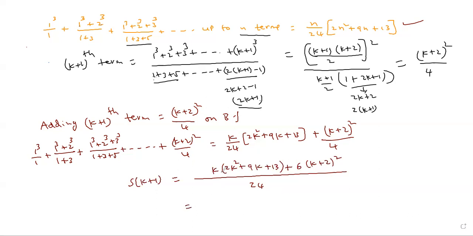Now expand all this. 2k cube plus 9k square plus 13k. k square into 6, 6k square. 4k into 6 plus 24k plus 24. k square plus 24k plus 24 divided by 24.